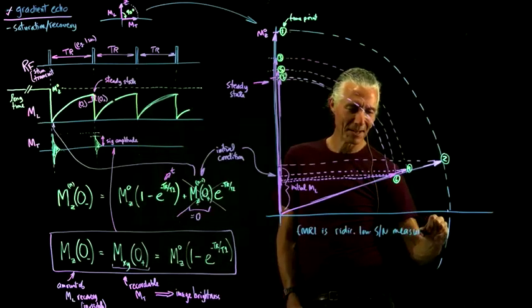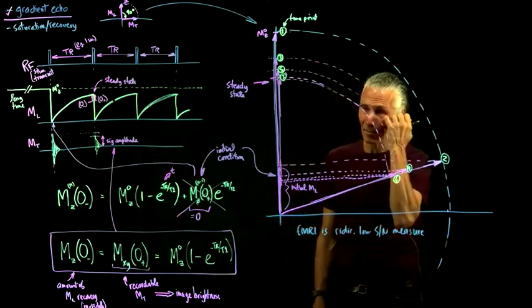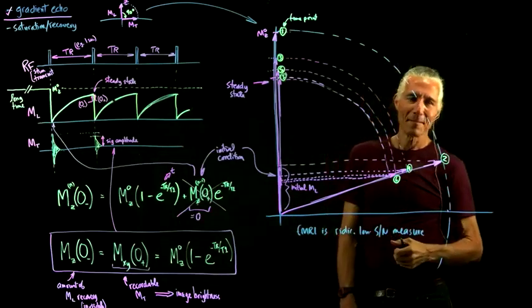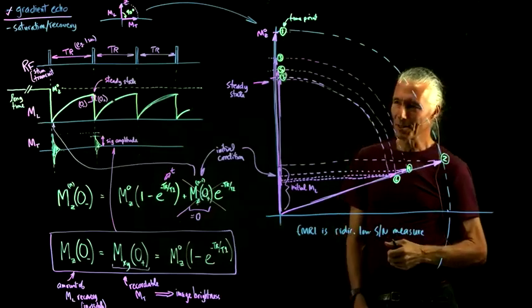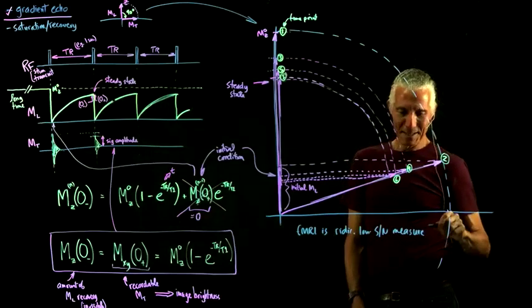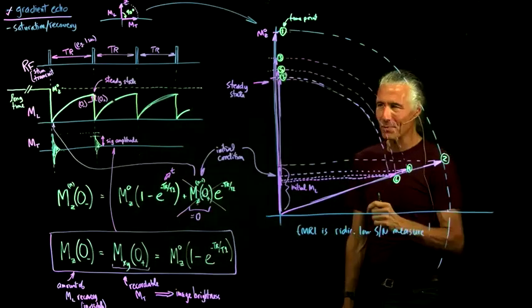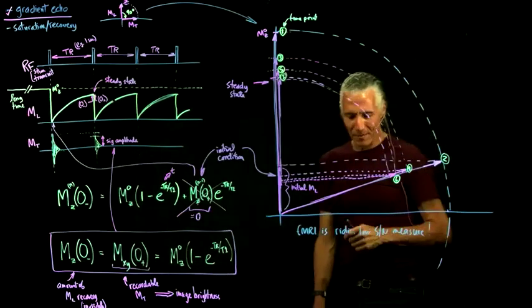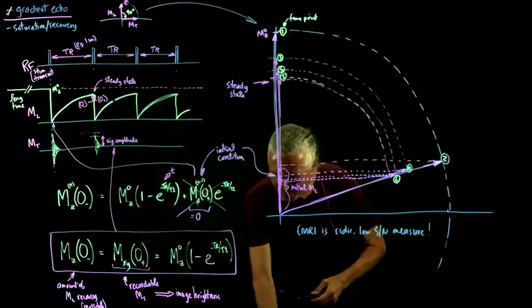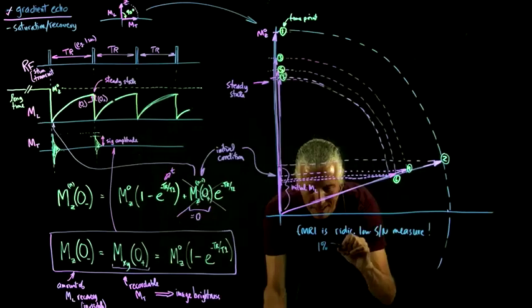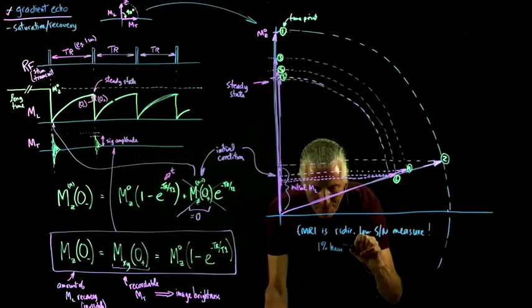So you get nice, colorful pictures if you look at any MRI result on CNN, but unfortunately, the signal that we're looking at is pretty tiny. So what do we have to deal with? Well, we have to deal with things like a 1% change due to heartbeat.